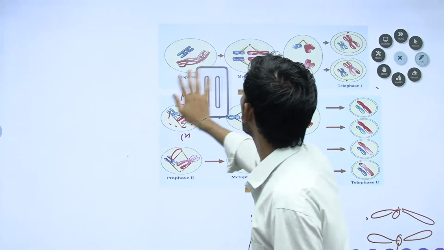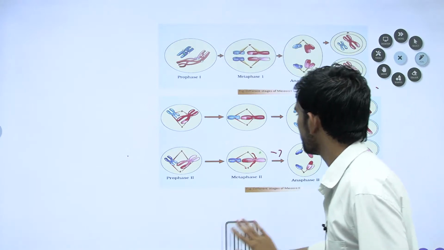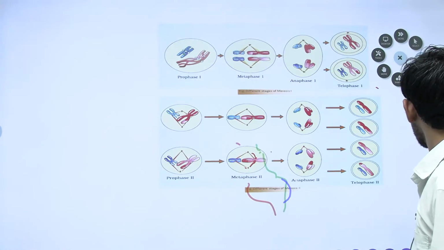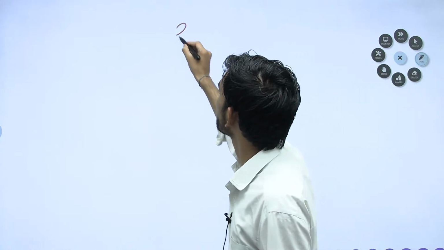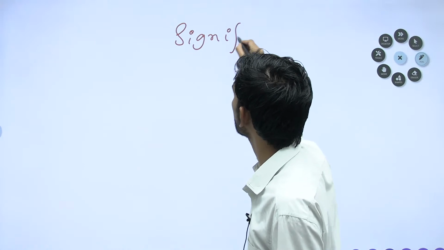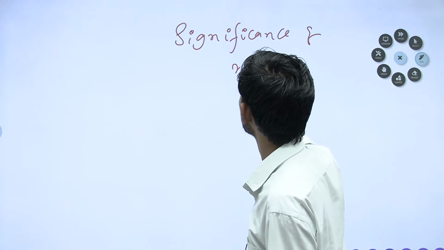Then one more important thing you should remember: what is the significance of meiotic cell division? You've already studied in the previous class the significance of mitotic cell division. In a similar way, here is the significance of meiosis.